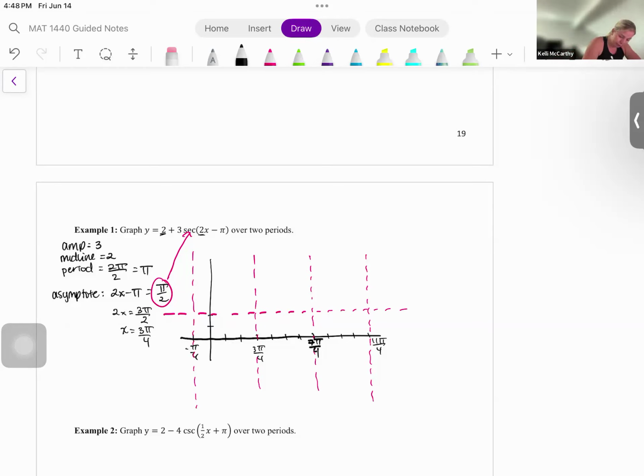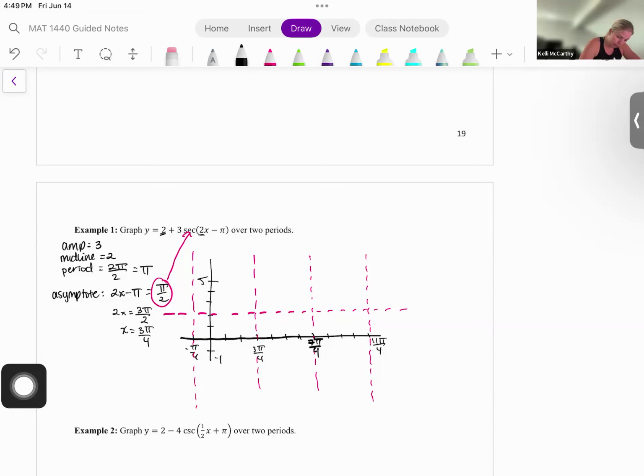Our amplitude is 3, so that's going to be used to figure out how far away from the midline we're going to set up those minimums and maximums for those parabolic branches. So 1, 2, 3, that gives us 5. And then going down 1, 2, 3, that's at -1. So my first landmark point is going to be halfway between -π/4 and 3π/4.